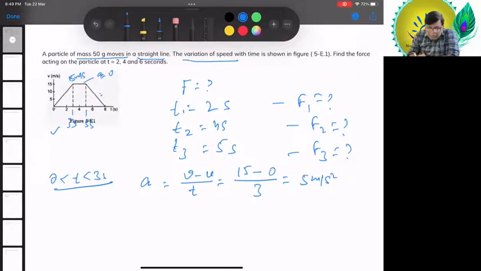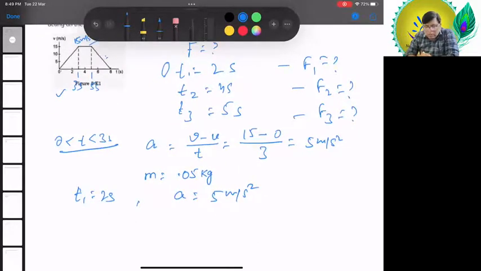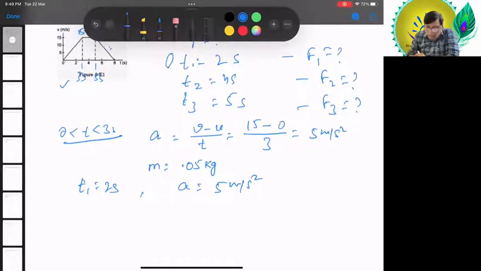Now, what is the mass of the object? Mass is 0.05 kilogram. Now see this first condition, T1 is equal to 2 seconds. At T1 equal to 2 seconds, acceleration is just 5 meter per second square. So according to second law of motion, force is equal to mass into acceleration.